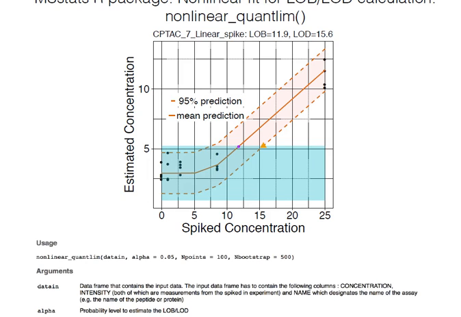You also get the value of the slope and then the intercept if you remove all points below the LOB, below the LOD. So it gives you the true value of the slope and intercept here. And because it's also a non-parametric method, this curve here has no closed form expression. So you also get the value of this as a function of the concentration, so you can plot it again.